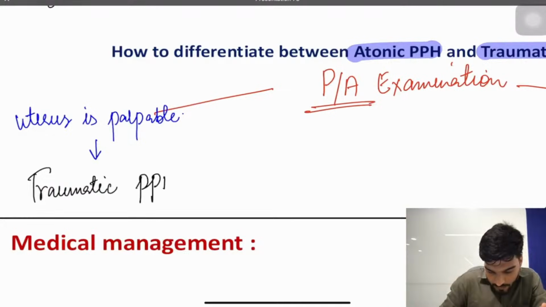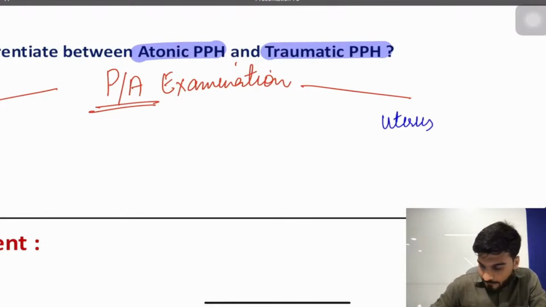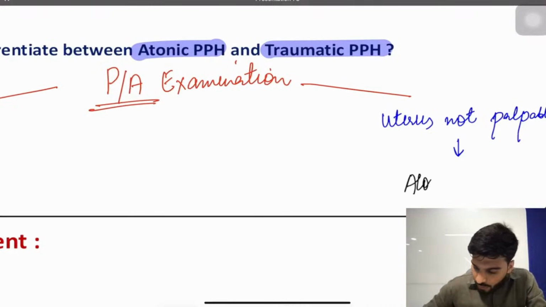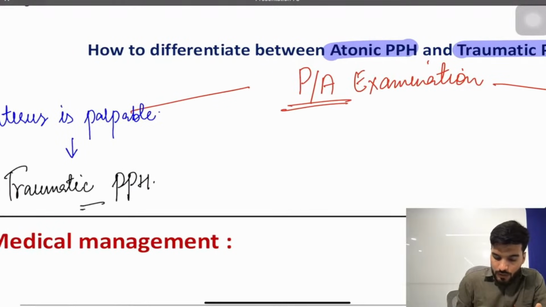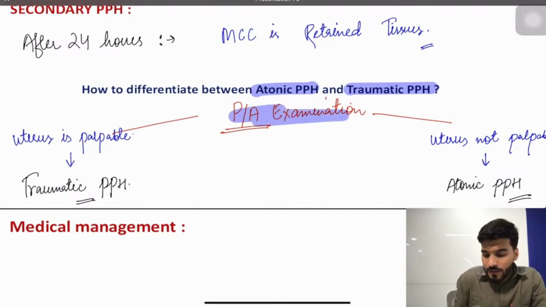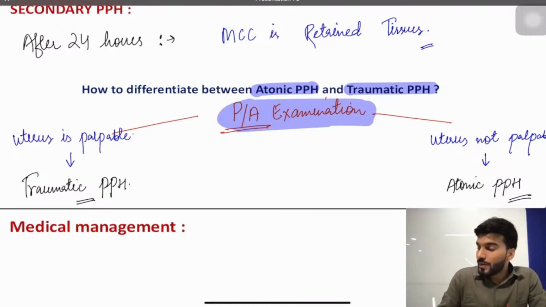If the patient has a non-palpable uterus, you'll write just uterus not palpable, and the answer is atonic PPH. Is that clear? So if the uterus is palpable, it is going to be a traumatic PPH. If the uterus is not palpable, it is going to be atonic PPH.